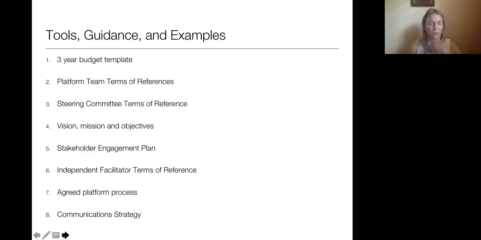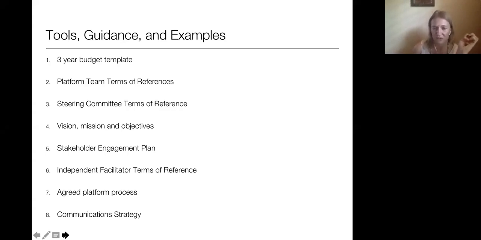I want to flag that these are some of the key tools, guidance, and examples that you can use in the design of a platform. We have a 3-year budget template. We have terms of reference for the platform team. We have a terms of reference template for the steering committee, and also what their roles and responsibilities are and the composition. We have examples of vision, mission, and objectives for different platforms.